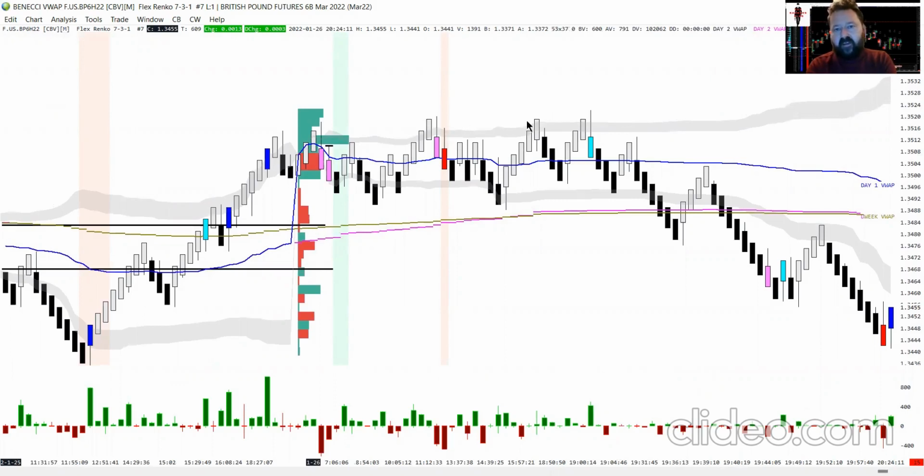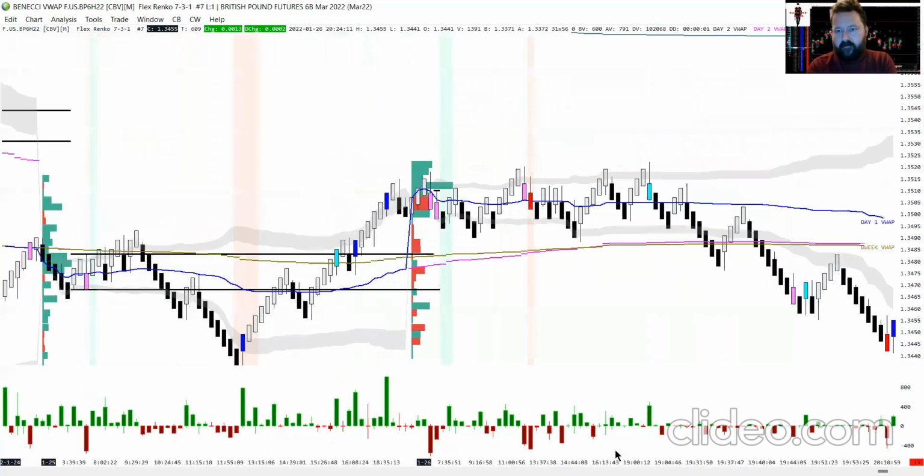I'll take that, I'll take that, I'll take that, in Pac-Man style. So they're absorbing all this liquidity that's coming in. They're getting all their orders filled. And then when there's no more buyers left, the market just sells off, which is what happened. And as you can see, the market then just carried on down. So all these buyers, obviously, they've probably got their stops down there. So they're either in or down, or they've just been stopped out and they're basically screwed.